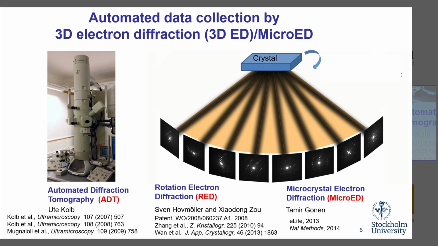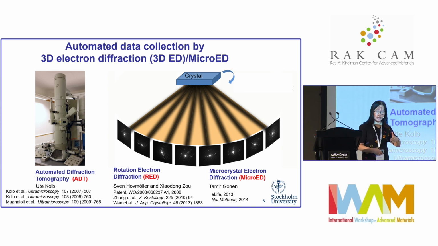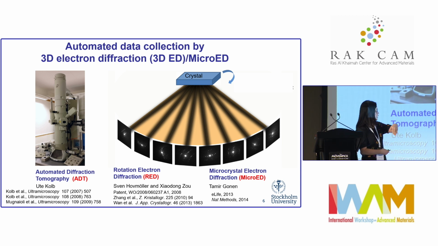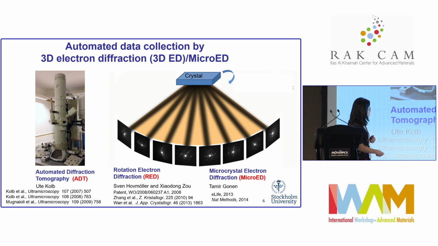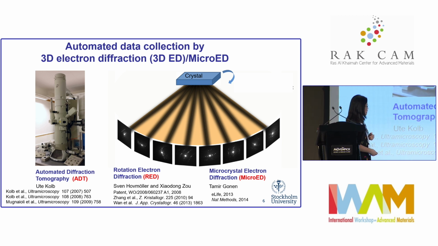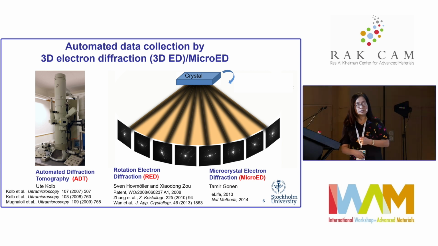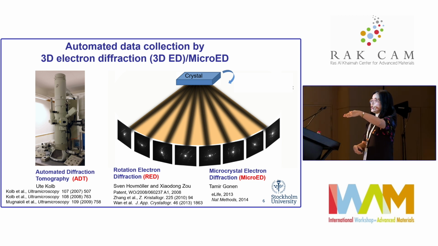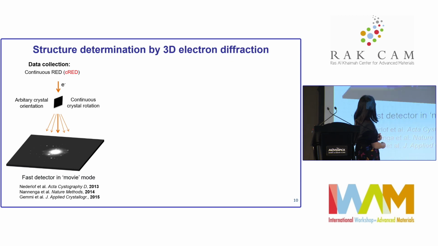They use different techniques: Kolb's group combined it with the precession technique, and my group uses rotation, where the electron beam is rotated in combination with the goniometer tilt. Later, Tamir Gonen's group developed what they call MicroED. But they are all the same: you tilt the crystal in an arbitrary orientation continuously, and then you collect the data. That is what I've shown here.